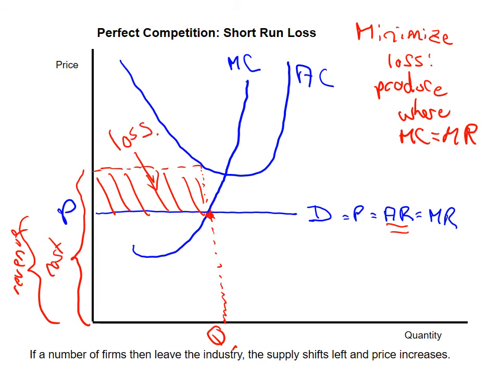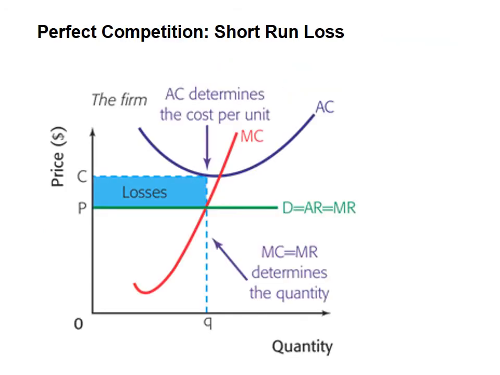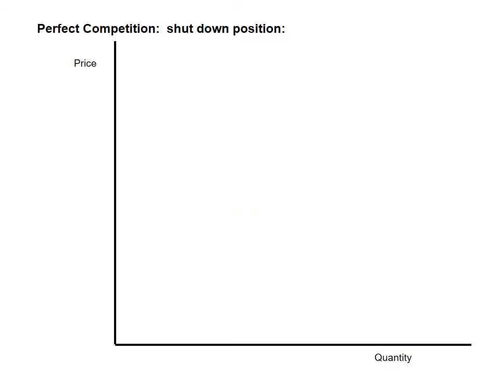And then, as I said, firms would start to leave the market in the industry. So think of the downward sloping demand curve, upward sloping supply curve for the industry. Industry supply curve shifts left, and the price would be driven back up. So short run loss there, drawn more nicely for you than mine by hand.